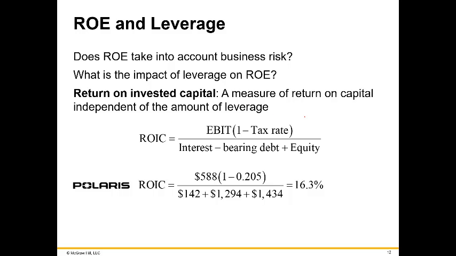That measures the return independent of leverage. So it takes earnings before interest and taxes, because it wants to cancel out the impact of debt. So we're not going to look at interest or taxes. And you probably know from your accounting or previous finance classes, debt-based financing has a tax advantage because the interest you pay is an expense, right?